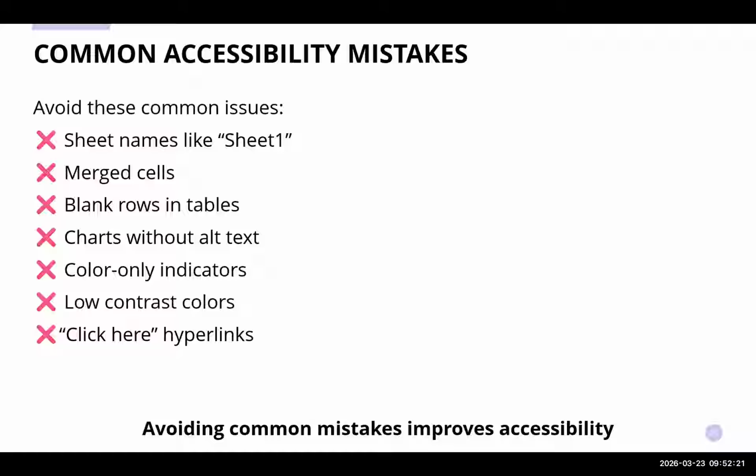Low contrast colors make it very hard to read, and vague hyperlinks like "click here" provide no guidance about the destination. So avoiding these common mistakes can improve accessibility dramatically. Each one may seem very small on its own, but together they make a huge difference in a spreadsheet, and it can make some users really frustrated while they're navigating. Next slide, please.